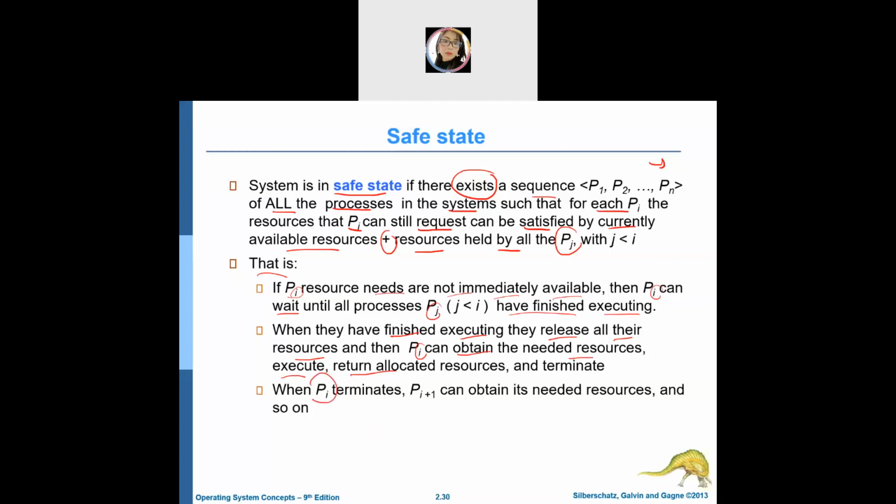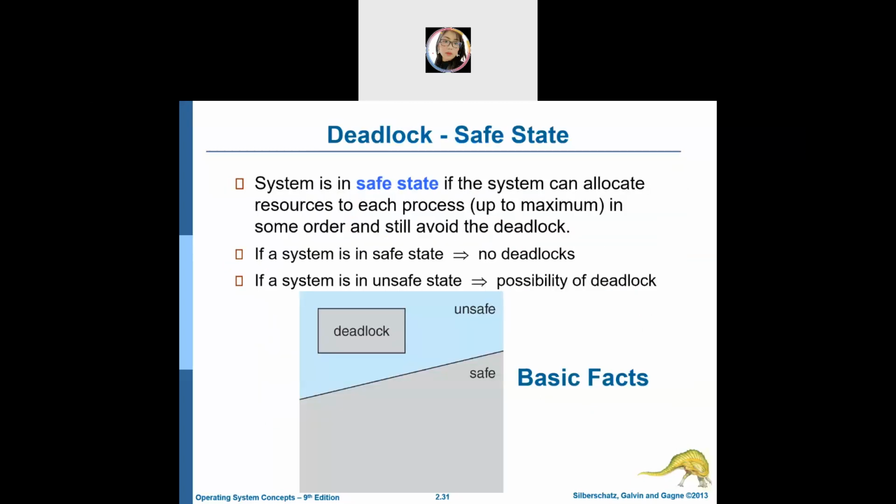When Pi terminates, then Pi plus 1 can obtain its needed resources. You can see it is in terms of sequence, so no need for you to wait in the middle simultaneously. So this is the deadlock safe state.